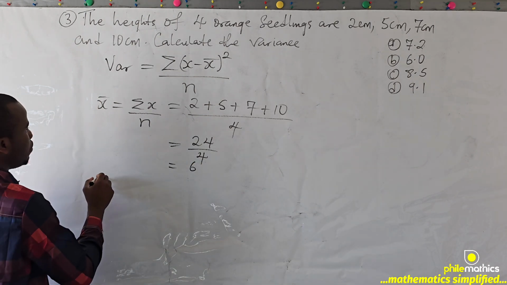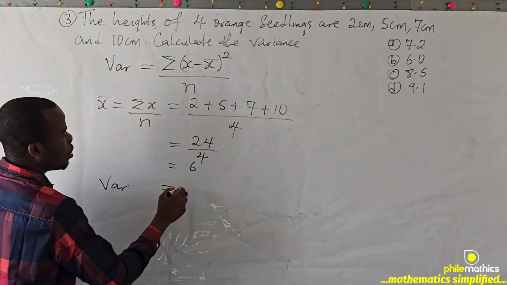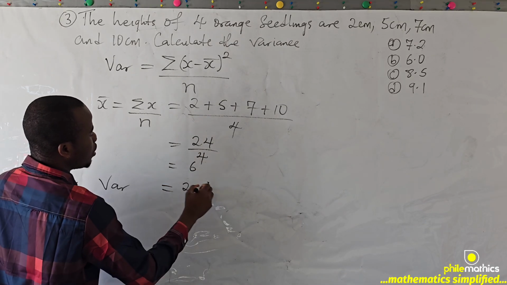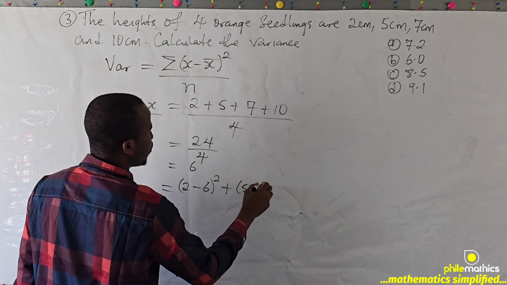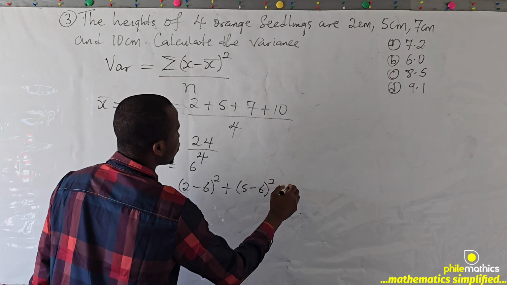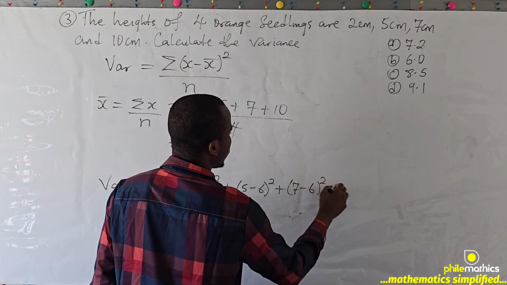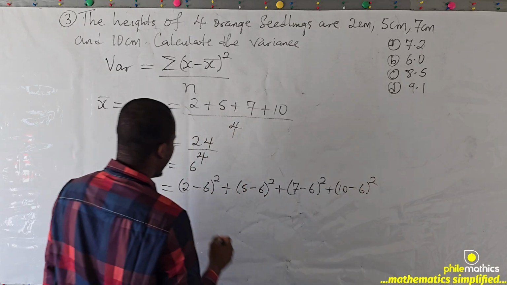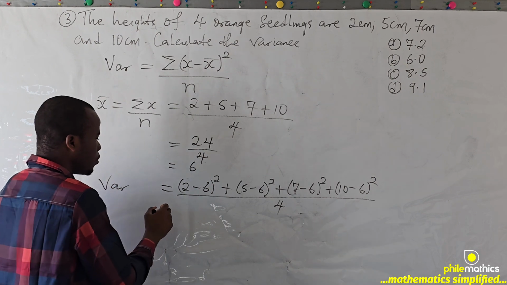So the variance will be 2 minus this 6 all square plus 5 minus the mean all square plus 7 minus the mean all square plus 10 minus the mean all square. Everything over how many they are, which is 4.